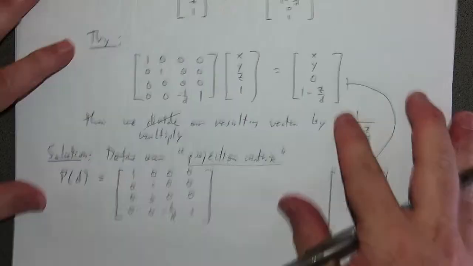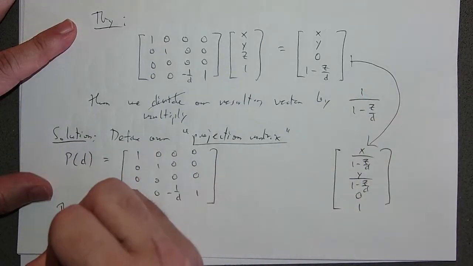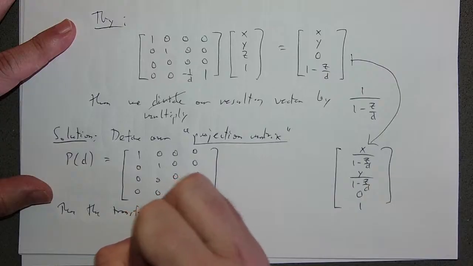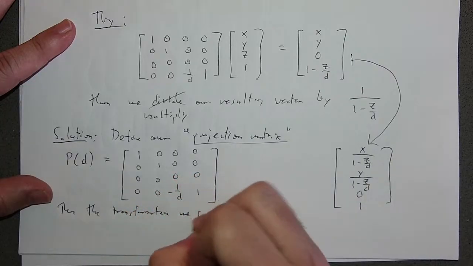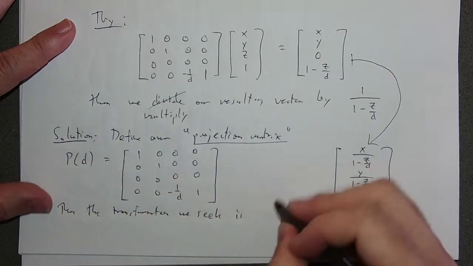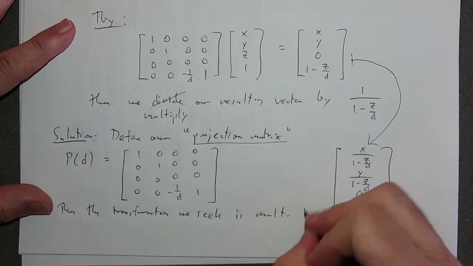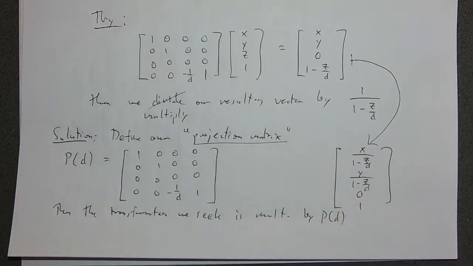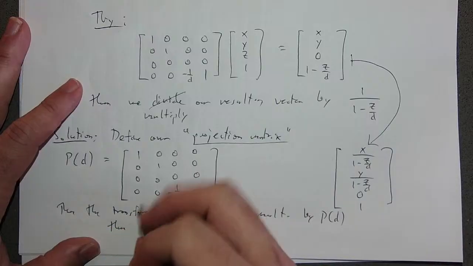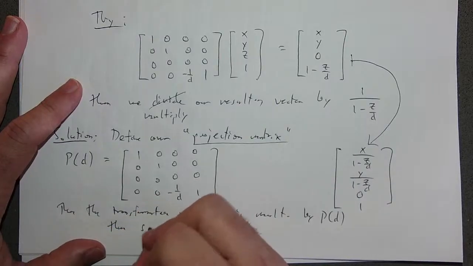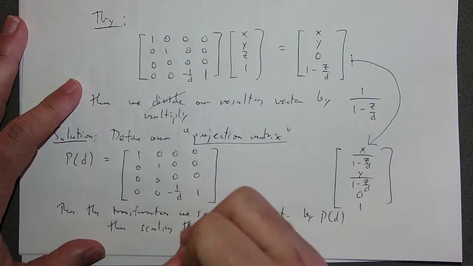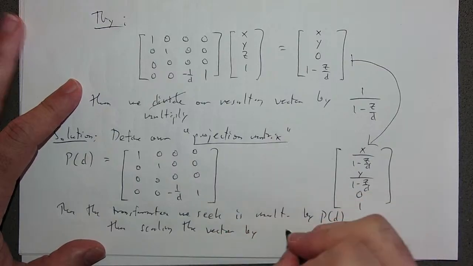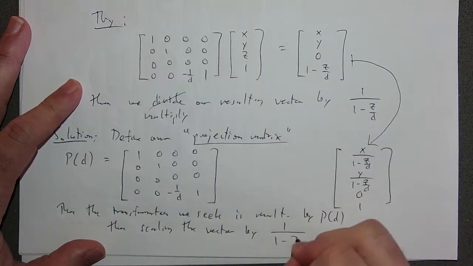Then the transformation we seek is multiplying by P, then scaling the vector that results by 1 over 1 minus z over d.